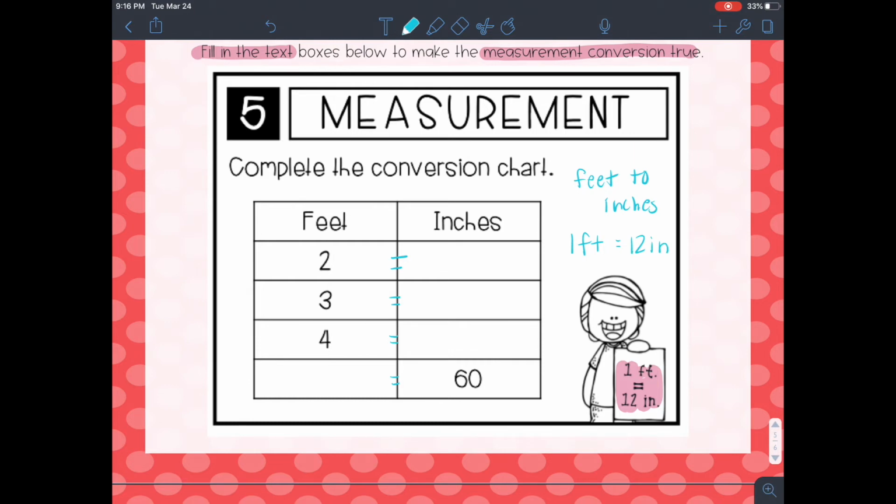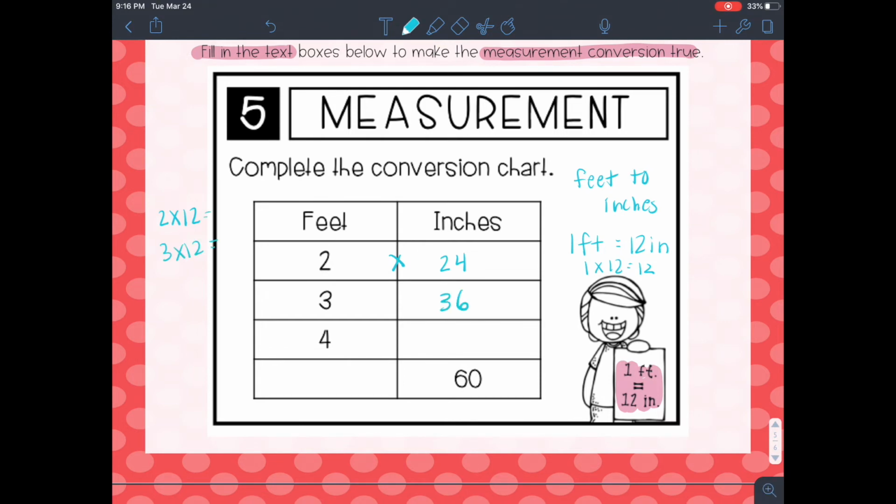The way I figured out 1 foot is 12 inches is I would multiply 1 times 12. So to figure out how many inches are in 2 feet, I'm going to do 2 times 12. And I know that 2 times 12 is 24, so there are 24 inches in 2 feet.